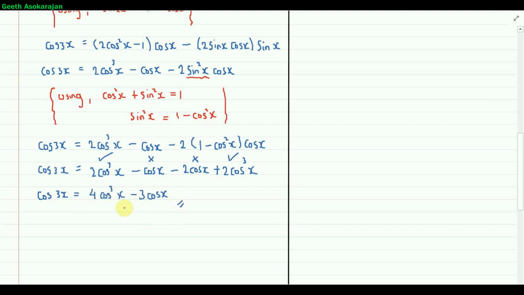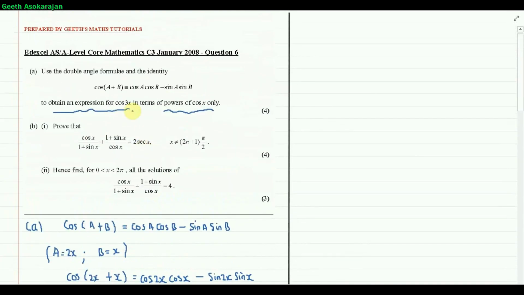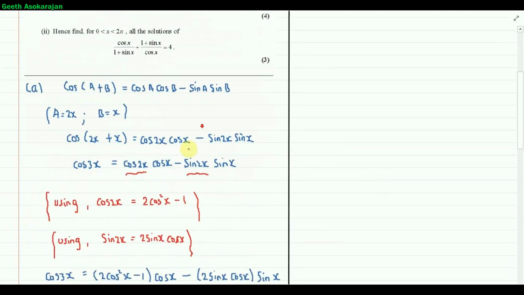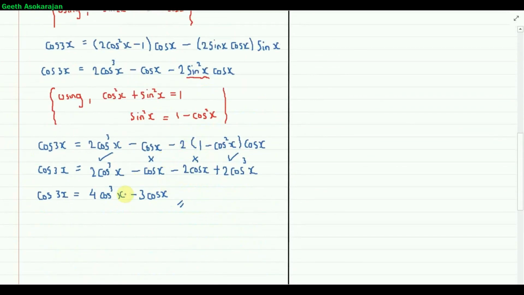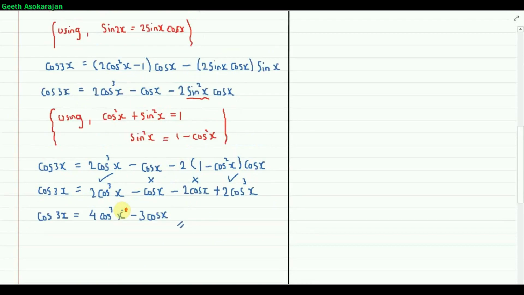So that should be the solution. That is the solution to part A. We wrote an expression for cos 3x in terms of powers of cos x only, and we did that very thing over here. So that's the solution of part A.